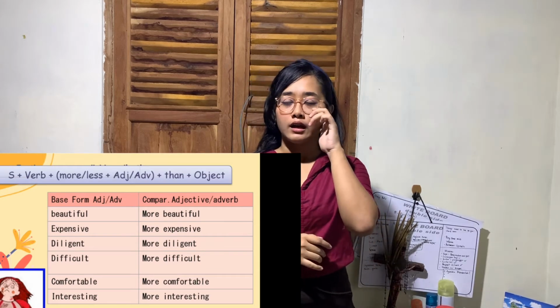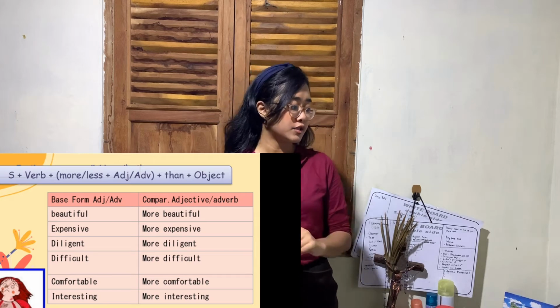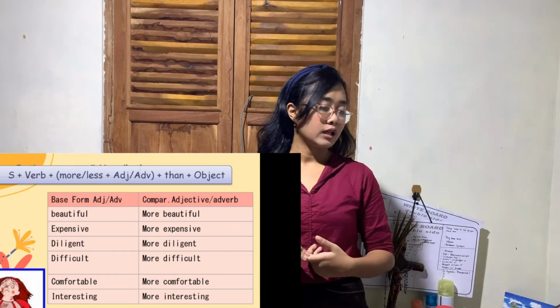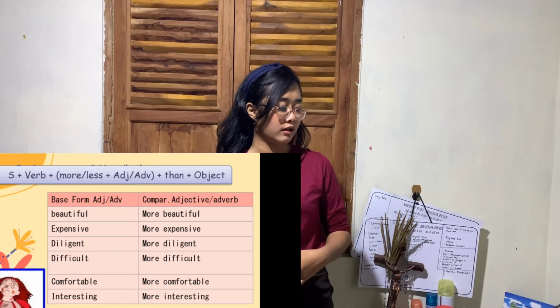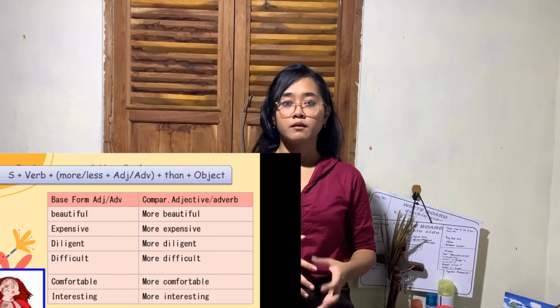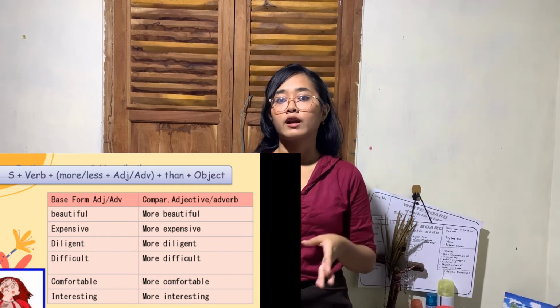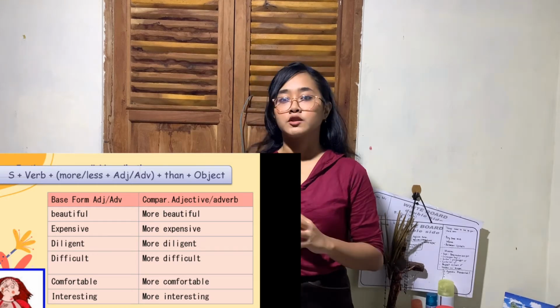Okay, the next one is adjectives with three or more syllables. If you have an adjective like that, you must use one structure: subject plus verb plus more or less plus adjective or adverb plus than plus object.